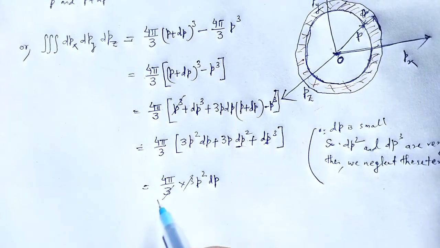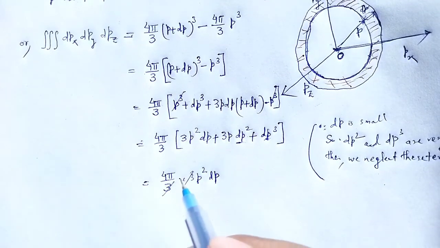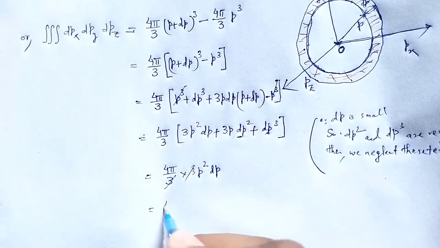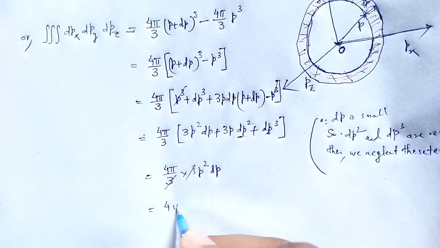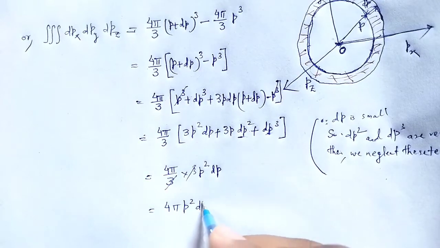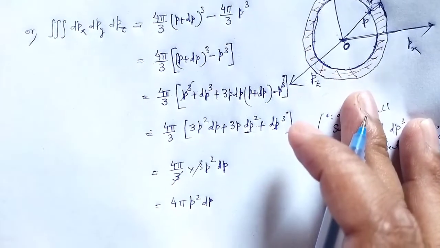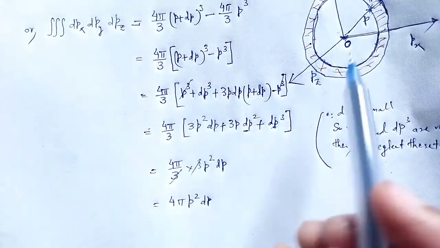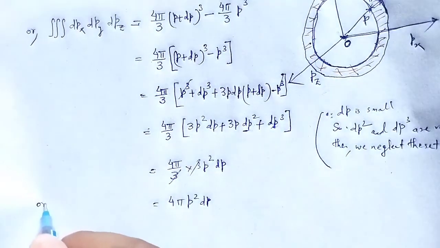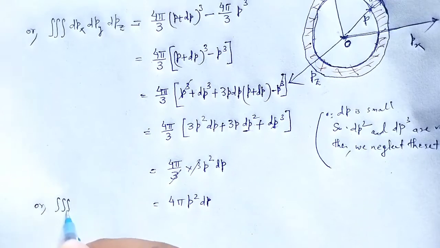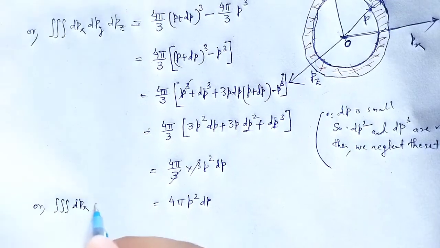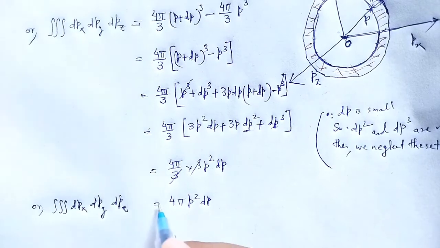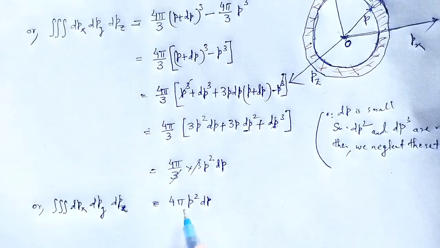The 3s cancel out, giving 4 pi p square dp. That is the value of this integral, the triple integration of dpx, dpy and dpz.